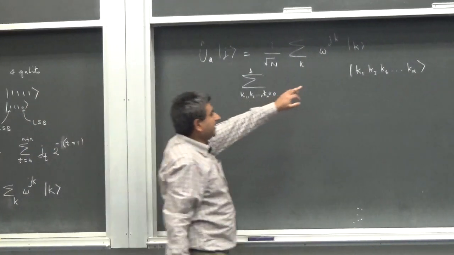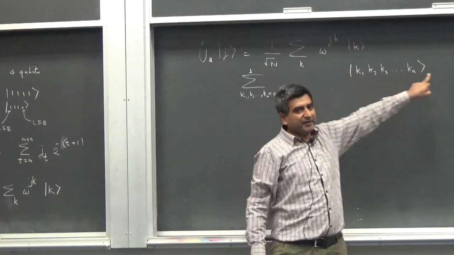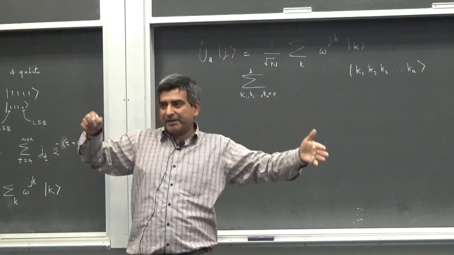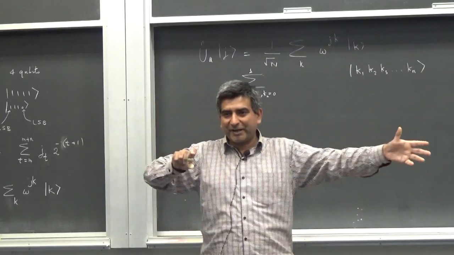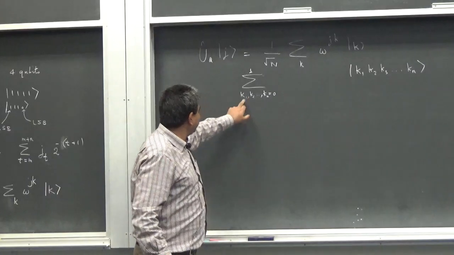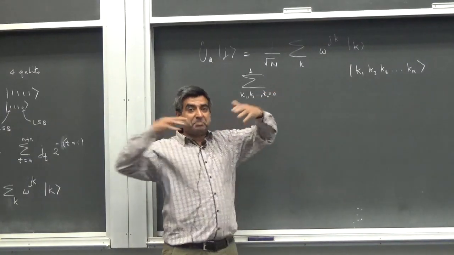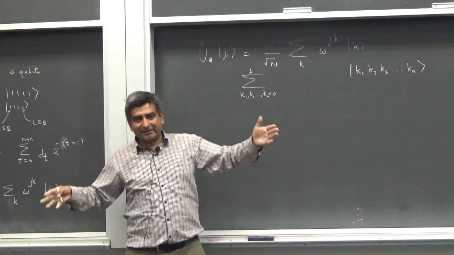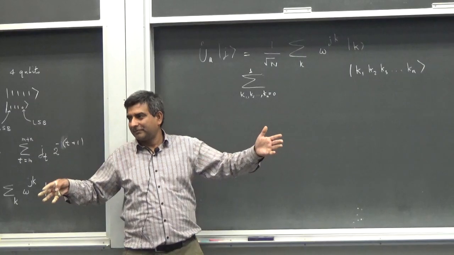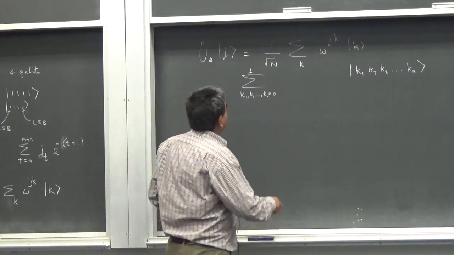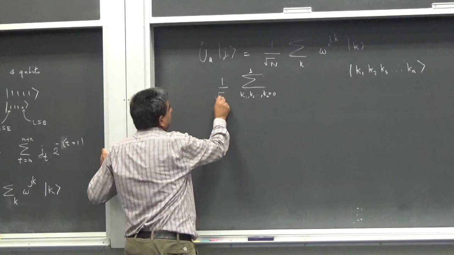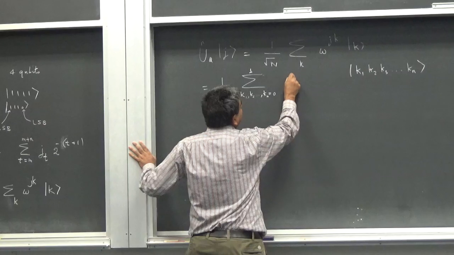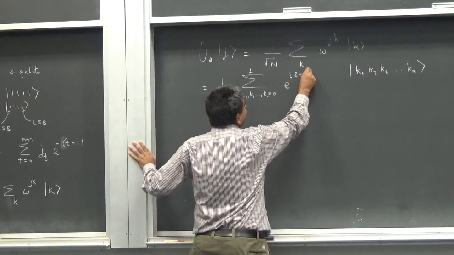So now we replace this decimal representation by the binary representation as a sequence of n binary digits, n bits, k1, k2, k3 all the way up to kn. Instead of having one big variable k, I have n small variables and each variable is a bit, 0 or 1. Right? And 1 over root N is going to live with us forever. This omega^(jk) is e^(i 2 pi j k over N).